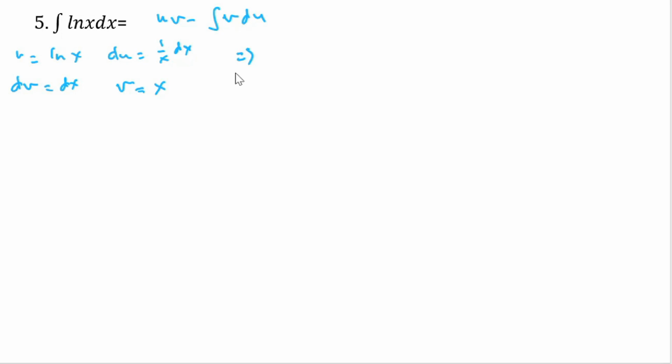By substitution, we have the product of uv, x ln of x, minus the integral of x times 1 over x dx. Simplifying the integrand, we rewrite the first term minus the integral of dx.